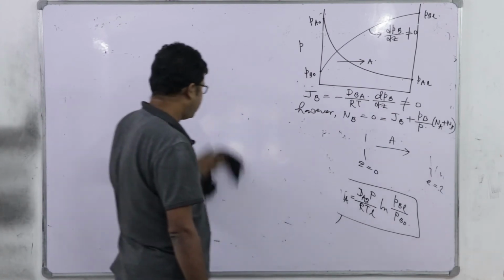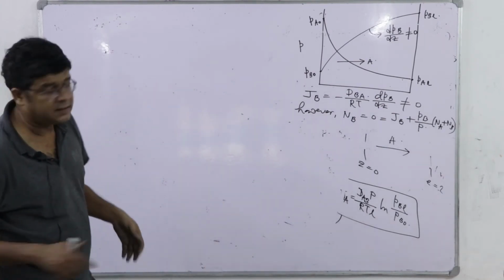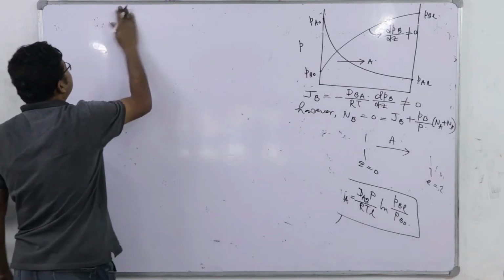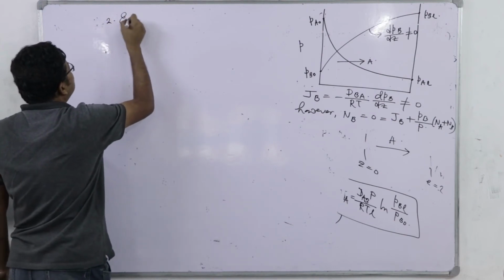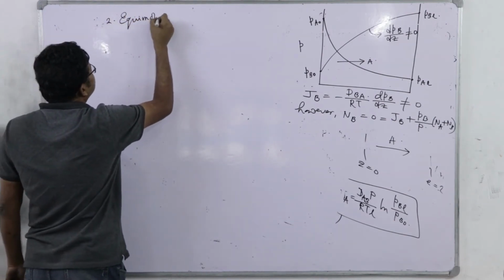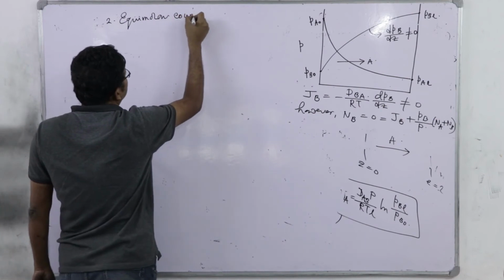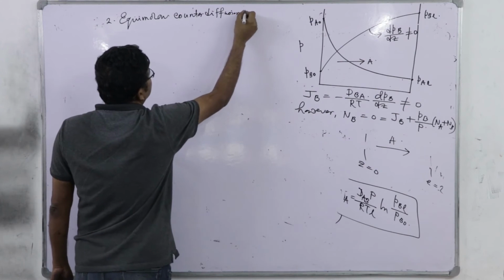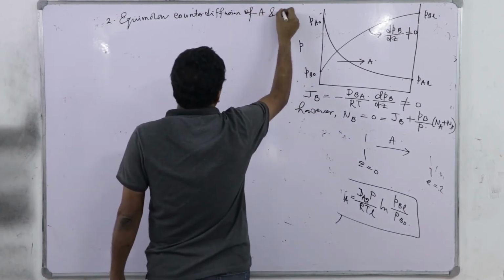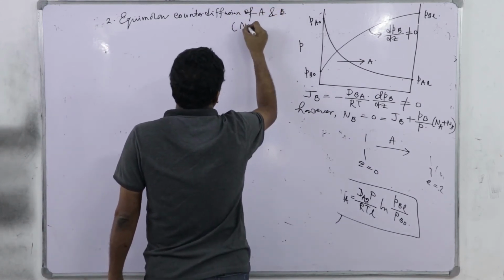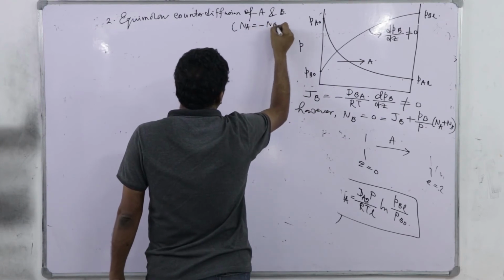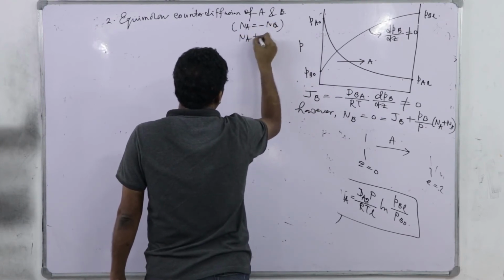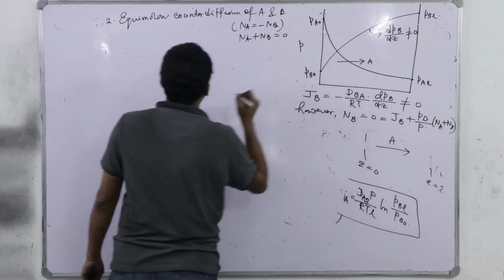Because Na equal to minus Nb, as it is equimolar and it is a counter diffusion. So, number 2, the case is equimolar counter diffusion of A and B. So, Na is equal to minus Nb, so Na plus Nb equal to 0.